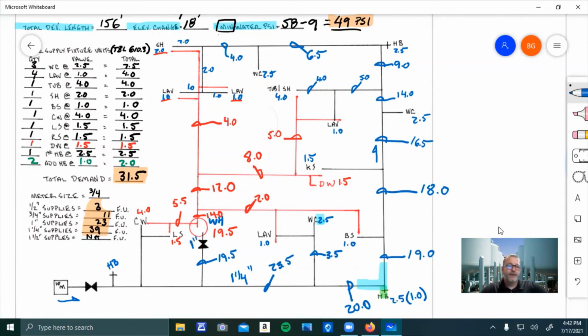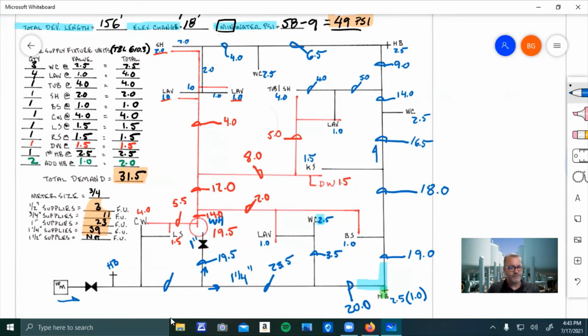So now this piece has a total fixture unit value of how much? Well, I have 19.5 going this way. I have 23.5 going that way. So you would think in adding this stuff up, you're going to end up with what, 43? But again, remember at the very beginning of what we started here, we started with fixtures. How many fixtures? Don't worry about the piping.